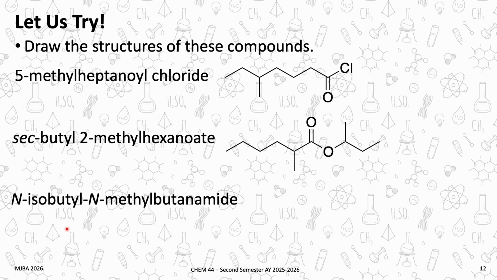That would be where the rest of the chain will go. Since butyl is 4 carbons, only one CH2 group remains here. And that's where the attachment to the nitrogen will come from. So the structure will be as follows.